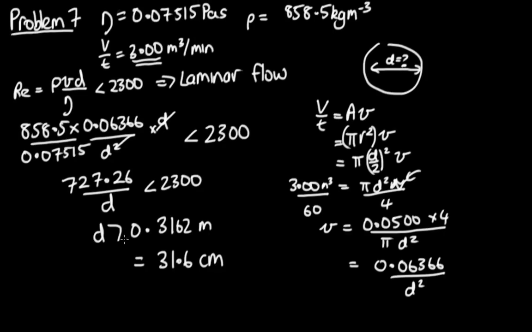And then the question goes on, why is turbulent flow undesirable? Well, we want to minimize turbulent flow because it requires more energy to push the oil through the pipes when we have turbulent flow.